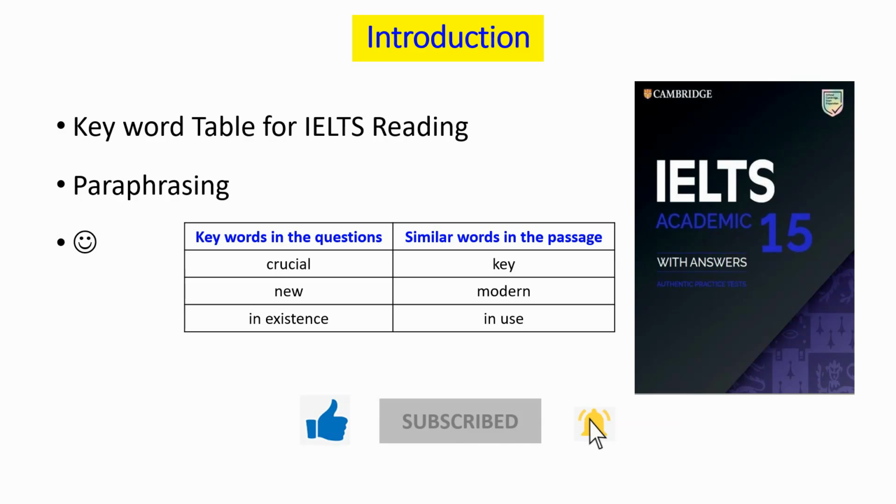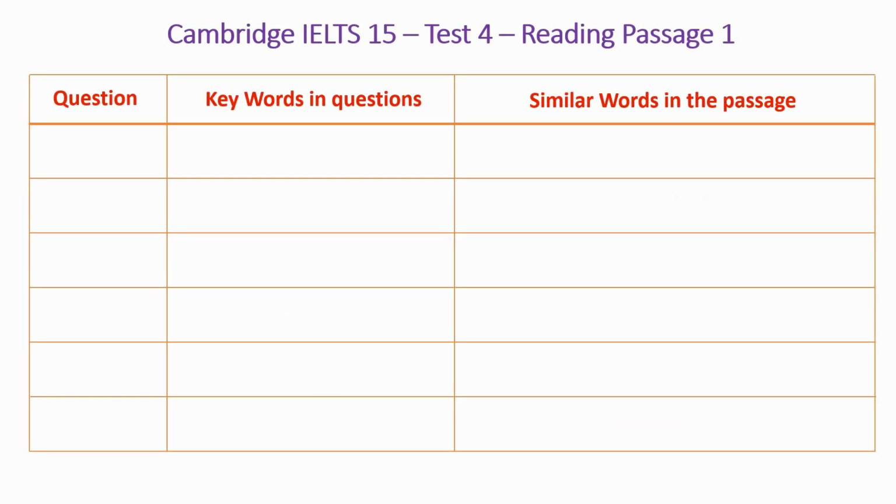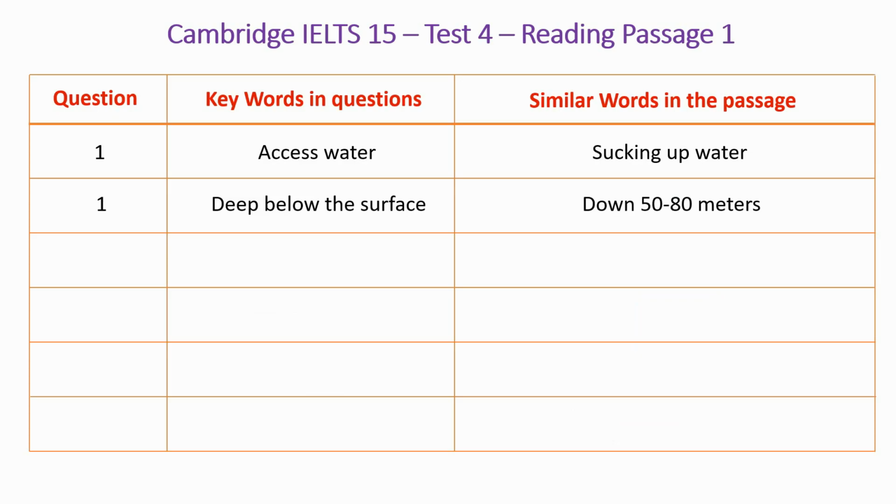Let's jump into it. Reading passage 1, The Return of the Baobab. Cambridge IELTS 15 test 4, reading passage 1. Access water, sucking up water. Deep below the surface, down 50-80 meters.